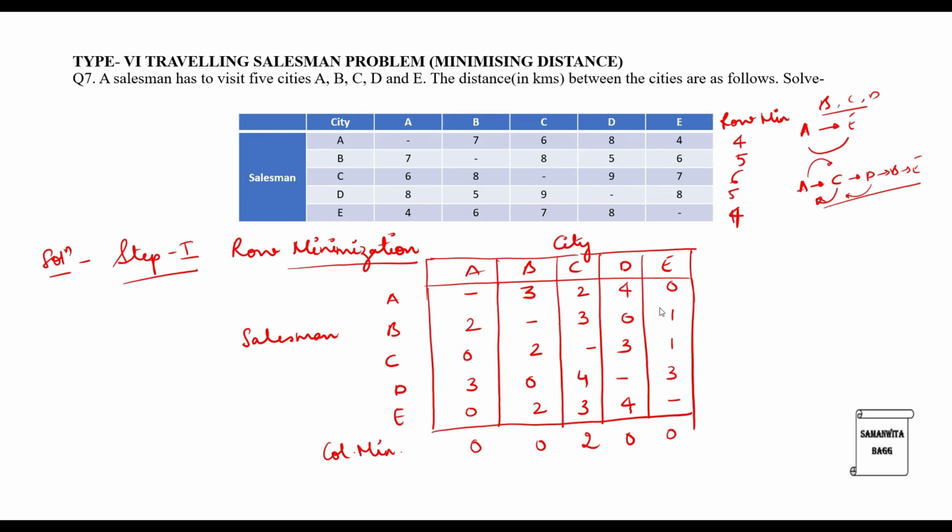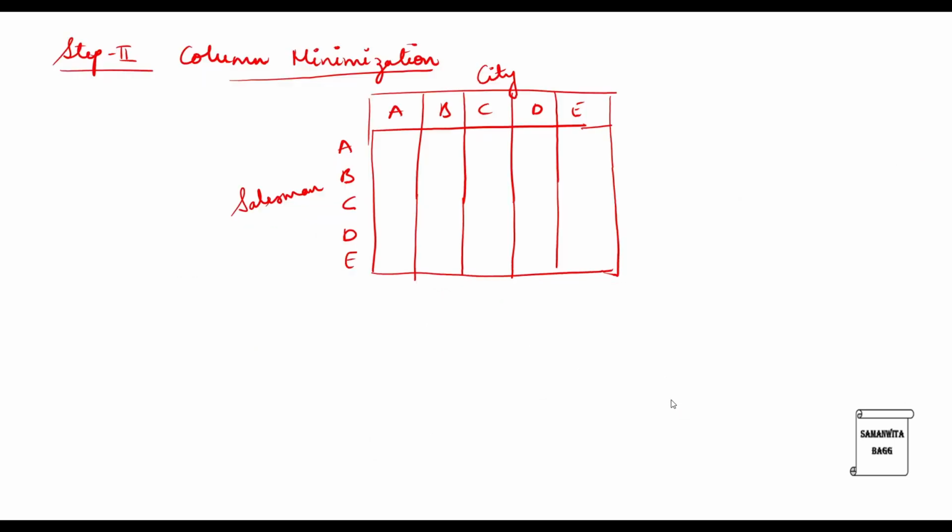These four columns will remain the same, A, B, D and E. Only for the column C, I'll subtract 2 from each value. So this column minimization is done.